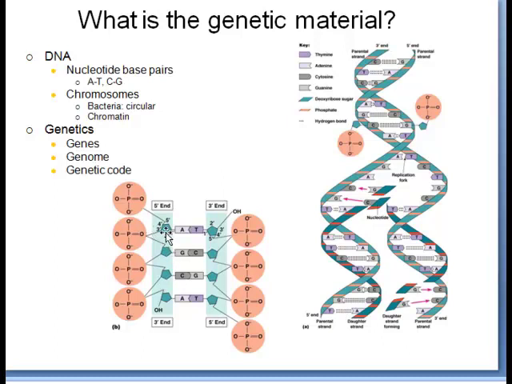In this particular image, this little structure in green is shown to be the ribose sugar, and the ribose sugar has a phosphate connected on one end, and on the other end it has a nitrogenous base, in particular adenine, or A, and this one shows the same thing, but with thymine. Now notice up here we have the two strands, which we call anti-parallel. The reason is that the 5' end is on the top here and the 3' end is on the bottom.